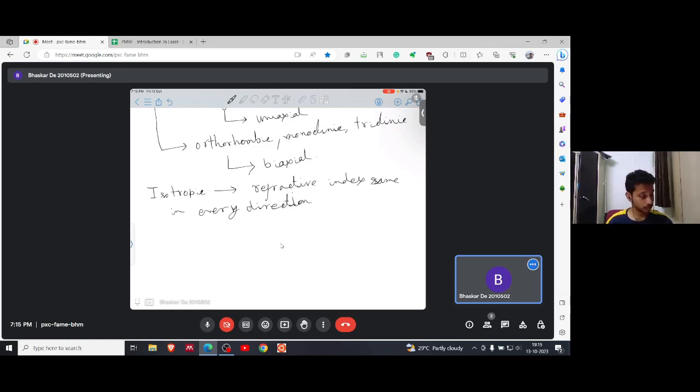So there exists an orientation of the crystal for which two orthogonal polarizations of the beam would see two different indices of refraction in the material and thereby propagate at two different velocities. In a uniaxial crystal, there exists one orientation of the crystal for which the index of refraction and wave velocity are independent of the polarization of the beam. This defines the direction of optic axis of the crystal. For biaxial crystal, there is no orientation for which the index is same for two orthogonal polarizations.